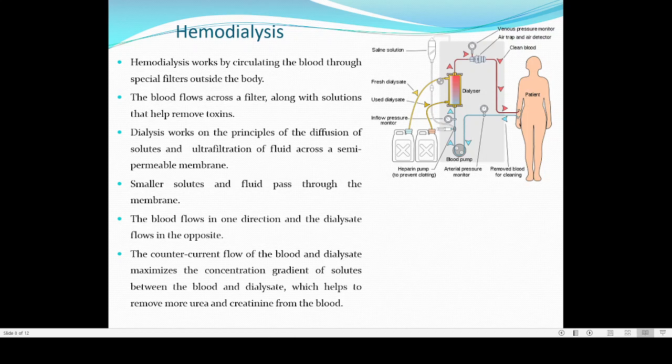Now what is a dialyzer? A dialyzer is an instrument like this, and I will show you inside of that dialyzer. Let me show you dialyzing.